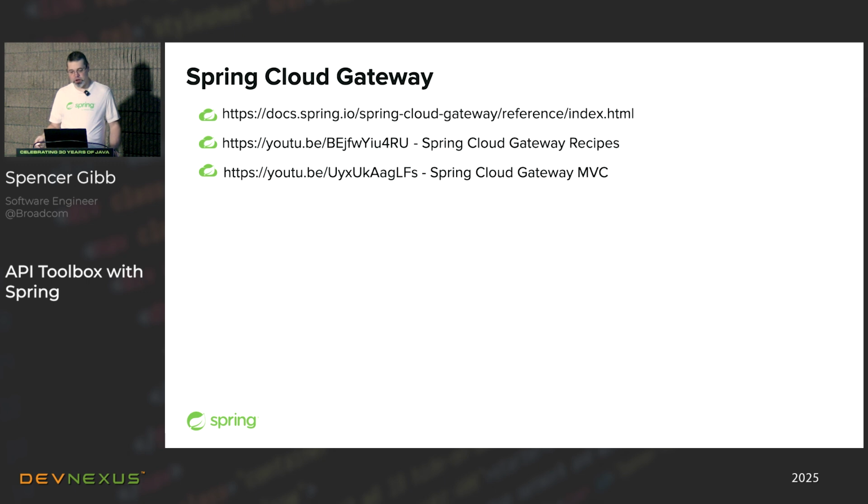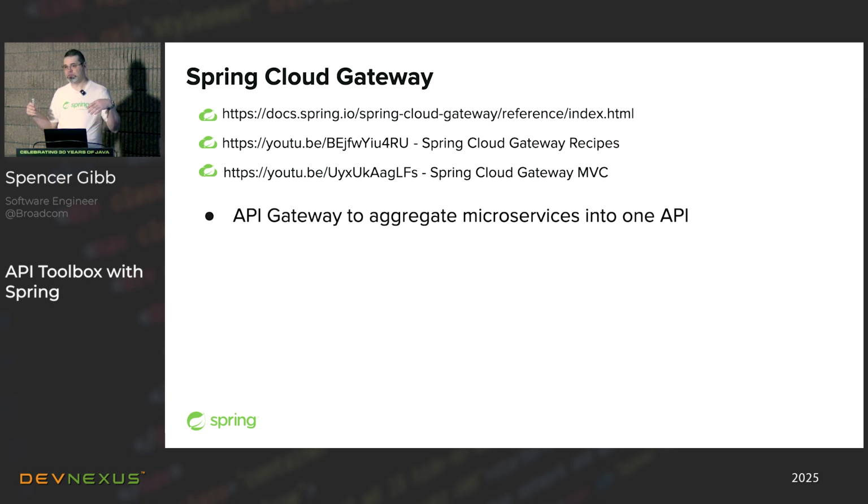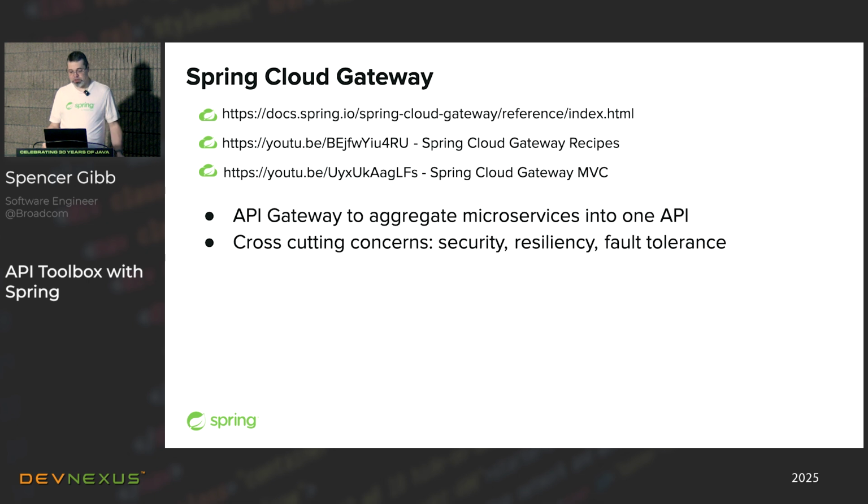So Spring Cloud Gateway can be used as a central point to aggregate your APIs for consumers. That way, they don't have to know about all the individual services. They have a one-stop shop for services. It's also nice because it's a single place where you can address cross-cutting concerns like security, resilience, fault tolerance, things like that.